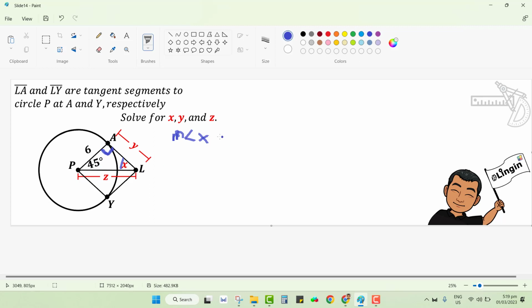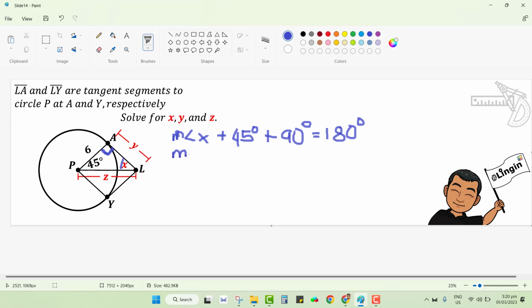In short, the measurement of angle x plus 45 degrees plus this angle, which is again by theorem 90 degrees. Again, all angles formed by a tangent segment and a diameter or a radius at the same point of tangency are 90.